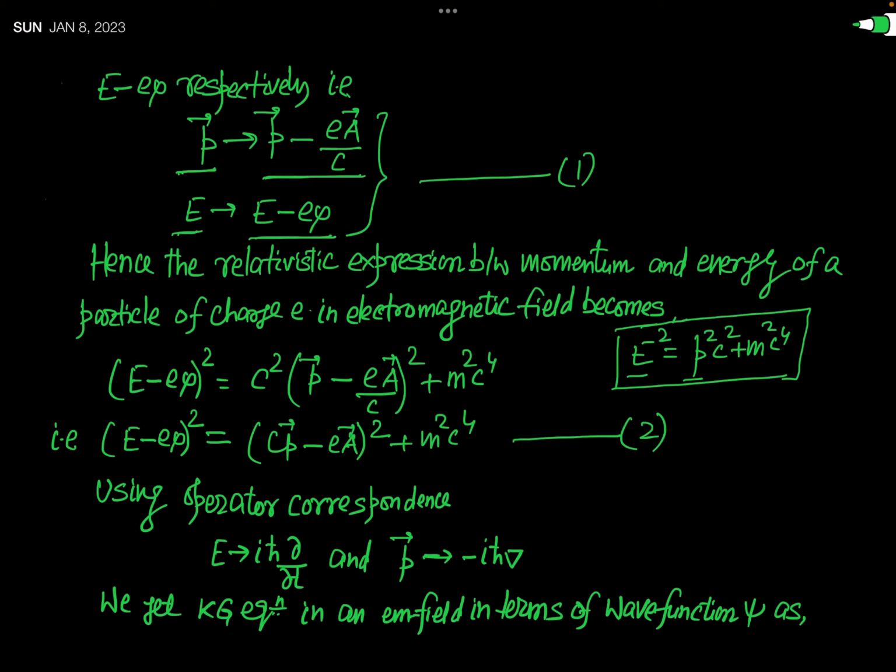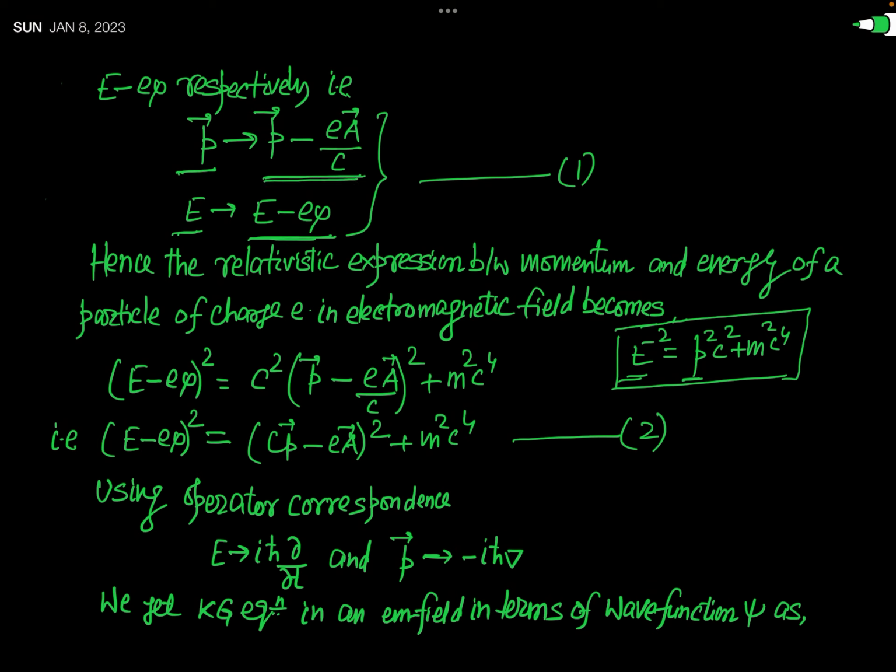So if you want to write the relation between the energy and momentum of the particle when the particle is in an electromagnetic field, you have to replace this E by E minus e phi, and this P will be replaced by P minus eA over c.